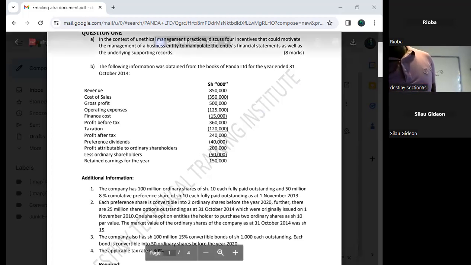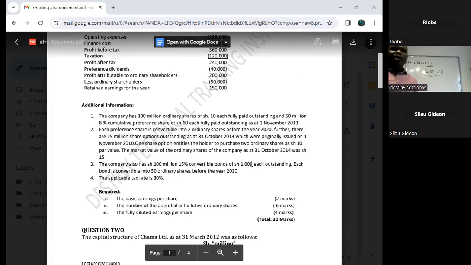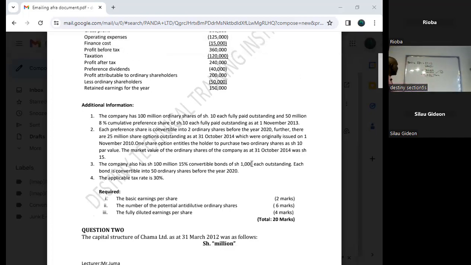Na hiyo Roman 2 siku itakuja, watu wengi wataflop sana. It's only this question. The number of potential antidilutive ordinary shares. So I want to delete this one here.